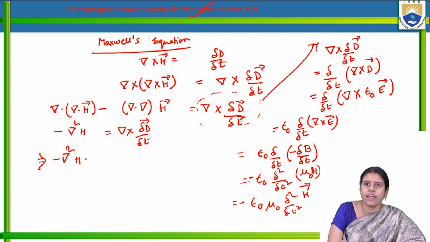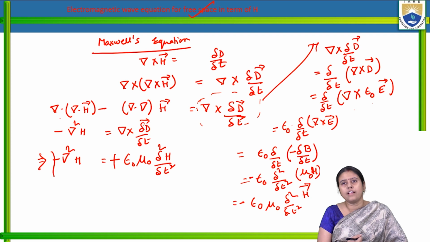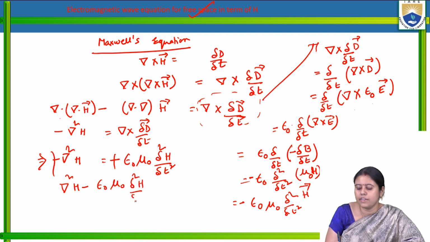minus grad square H is equal to minus epsilon naught mu naught del square H by del t square. The minus signs cancel out and we get grad square H is equal to epsilon naught mu naught del square H by del t square.